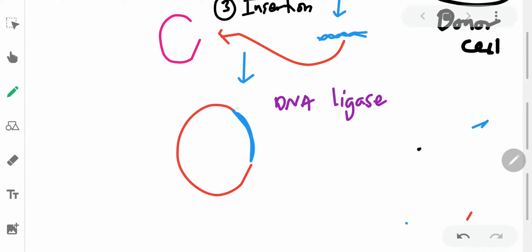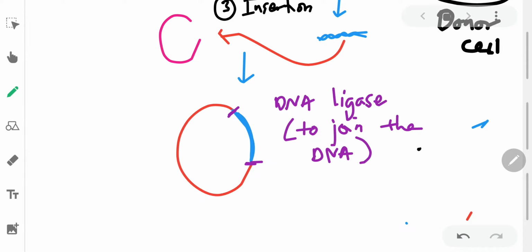It will form the bond here and here, by forming hydrogen bond and phosphodiester bond.